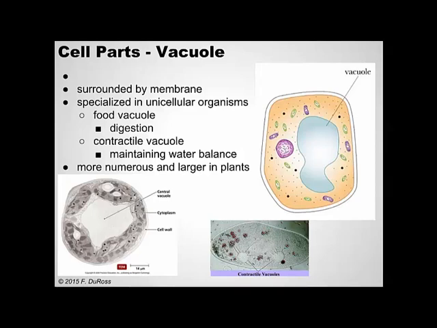Vacuoles are storage areas. They're surrounded by a membrane, and there's several types of vacuoles. In plant cells, for example, there's a large central vacuole that fills up a large chunk of the interior of the cell, that exerts pressure on the cell wall, that gives the plant cell its support.